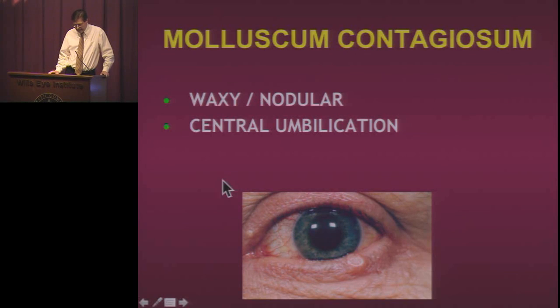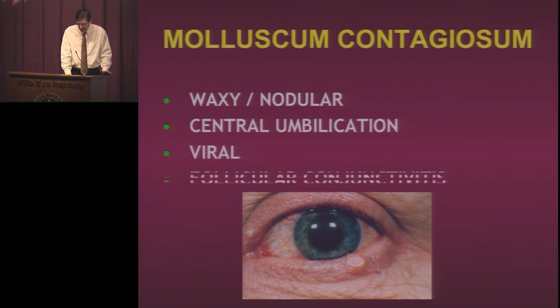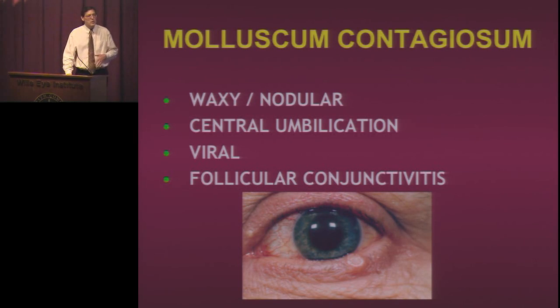Molluscum you're all aware of. Someone comes in with a pink eye, and you see a bump on the lid, even though you're tempted to say maybe that's a basal cell because it has an umbilication. Usually it's a benign molluscum. They're viral, and they cause follicular conjunctivitis when they're on the eyelid margin. You could be tricked by this. I have been tricked. Most ophthalmologists have seen chronic conjunctivitis a few times before they notice that there's a little tiny lesion somewhere on the lid.